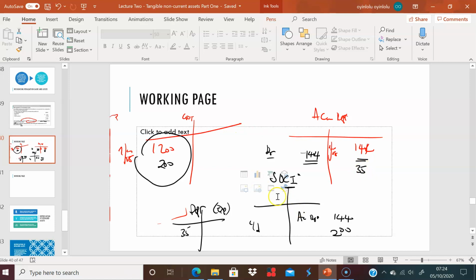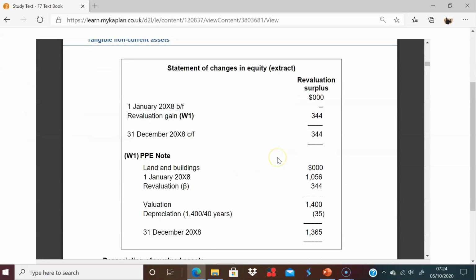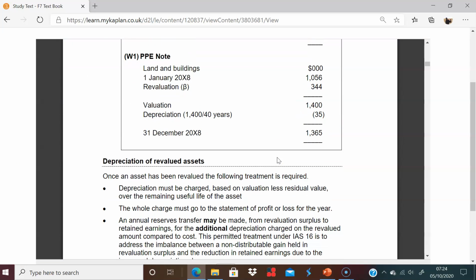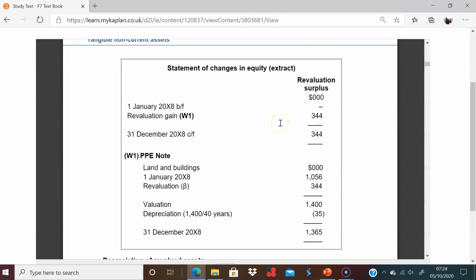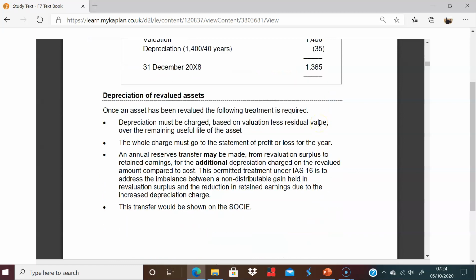The net book value is 1,400 minus 35, which would be 1,365. Okay, great. And that's pretty much how you would see that. That's the layout, really. That's the revaluation gain which we calculated. I just showed you the double entry so you can see what's going on.